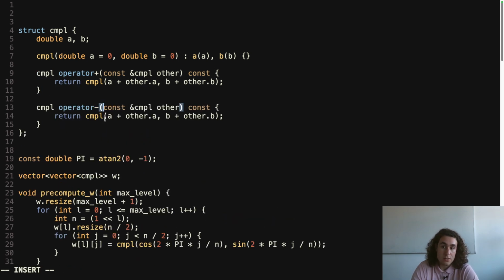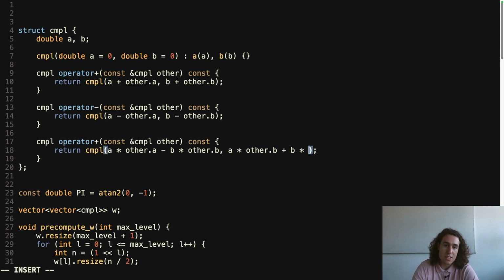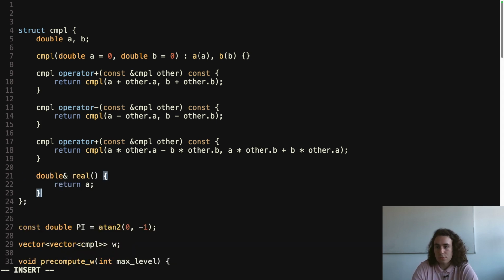What else do we need? We need multiplication. That's a little bit more complicated, but not that much. Let's remember the formula. We multiply the real components, we multiply the imaginary components and subtract, and then we do the cross multiplication: a times other b plus b times other a. Now we probably need the imaginary and real parts because we use those.